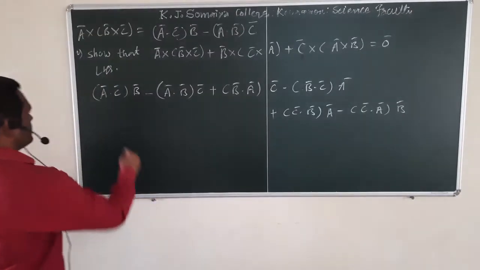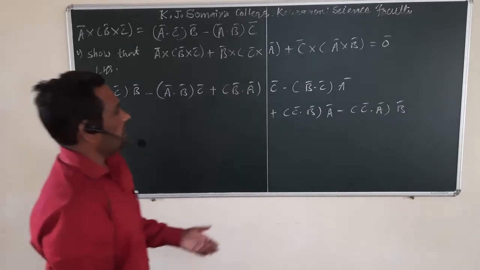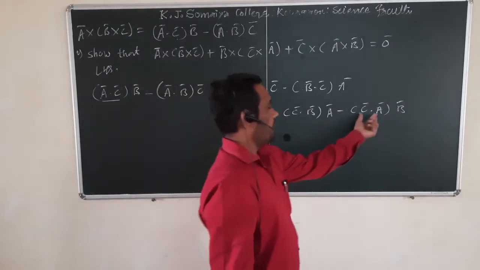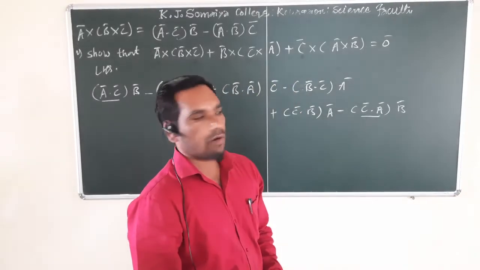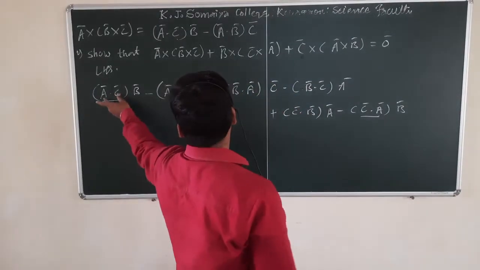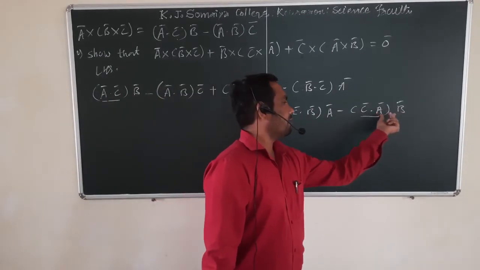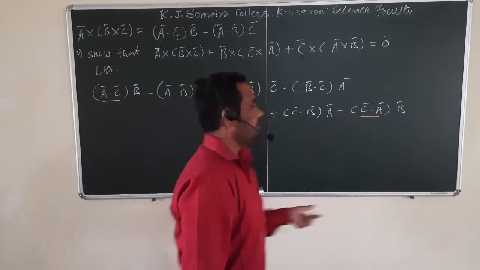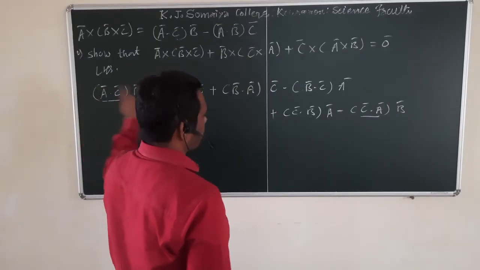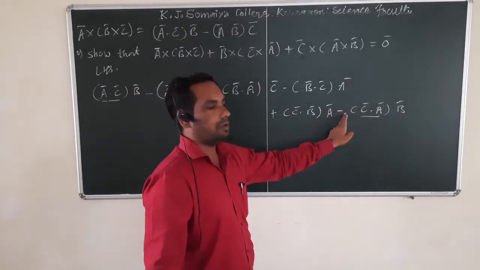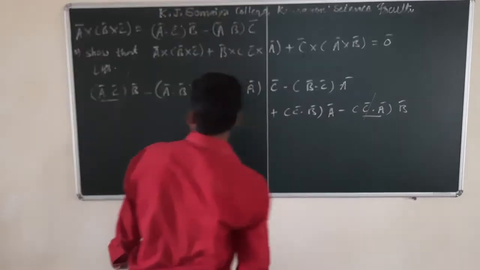Now here see this vector A dot C, and here we have vector C dot A. By property of dot product, vector A dot C is equal to vector C dot A, and here we are multiplying that with vector B, and here again we are multiplying with that vector B. Here we have positive sign and here we have negative sign, so these two quantities cancel each other.